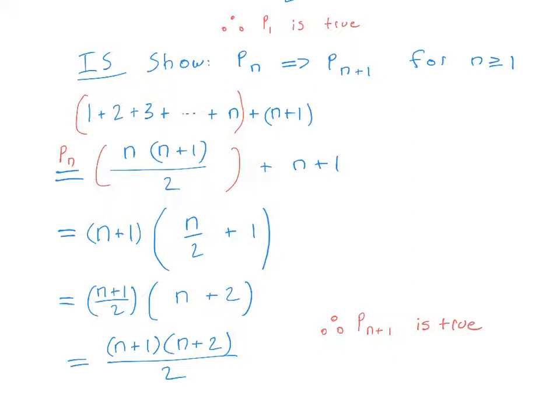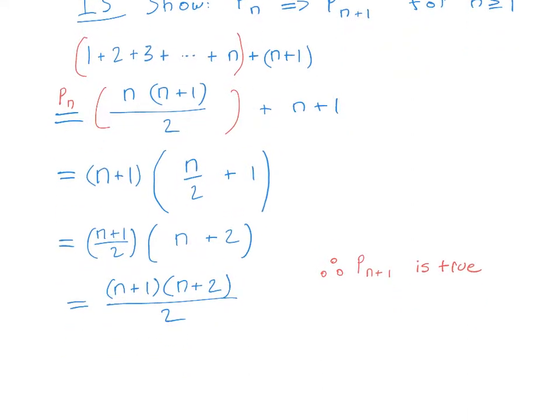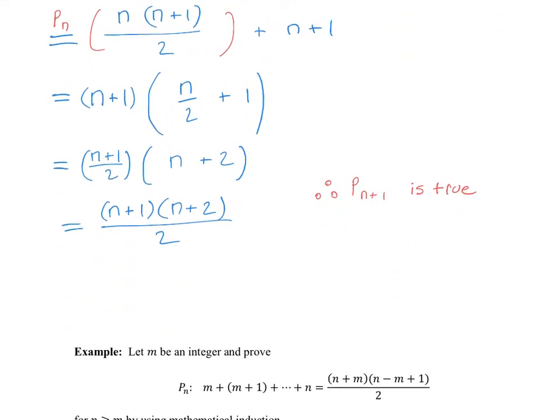So in summary, I like to think of this as a domino effect. So you could think of P sub 1 as your very first domino. So let's say you're lining up dominoes and your first domino is P sub 1. Your next domino is P sub 2.